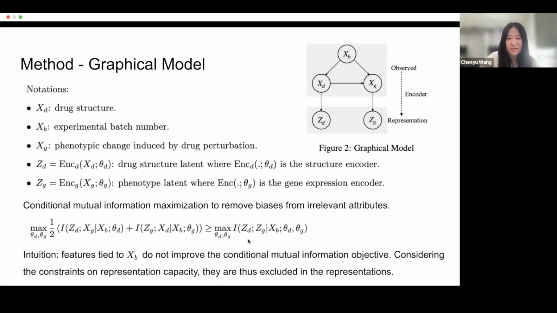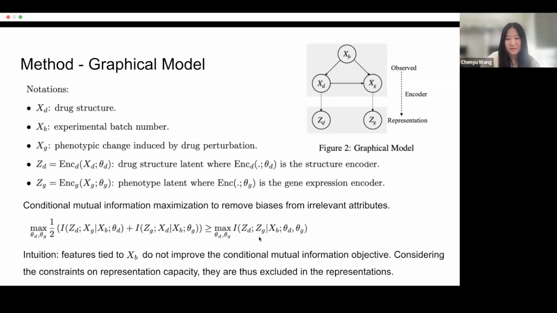And the intuition of this objective is that the features tied to the batch number XB don't improve the conditional mutual information objective. And if we further consider the constraint on the representation capacity, the batch-related features will therefore be excluded from the latent representations.